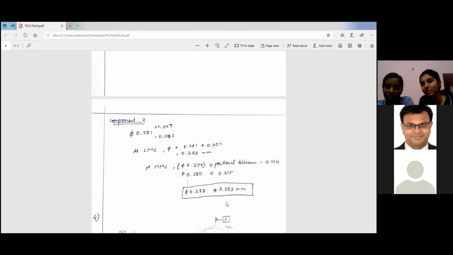Basically, it's based on degrees of freedom, sir. So if it's the datum A, 3 degrees of freedom will be restricted, and by fixing datum B, that is the secondary datum, another 2 degrees of freedom will be restricted, and by fixing the tertiary datum, that is datum C, the remaining 1 degree of freedom will be restricted. So it is based on that, sir, choosing the datums.